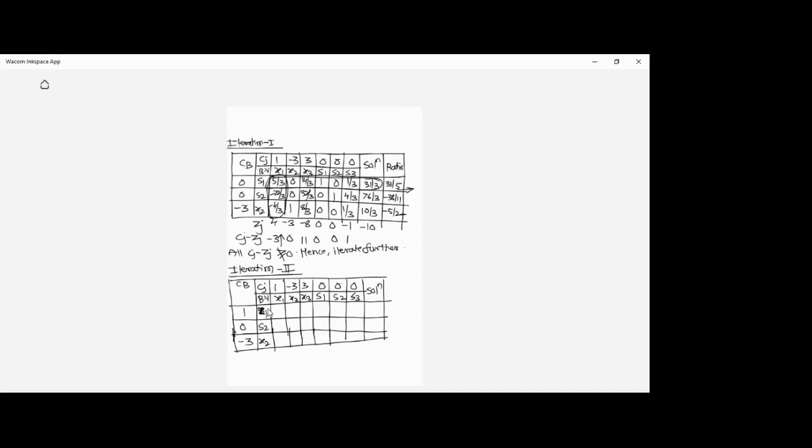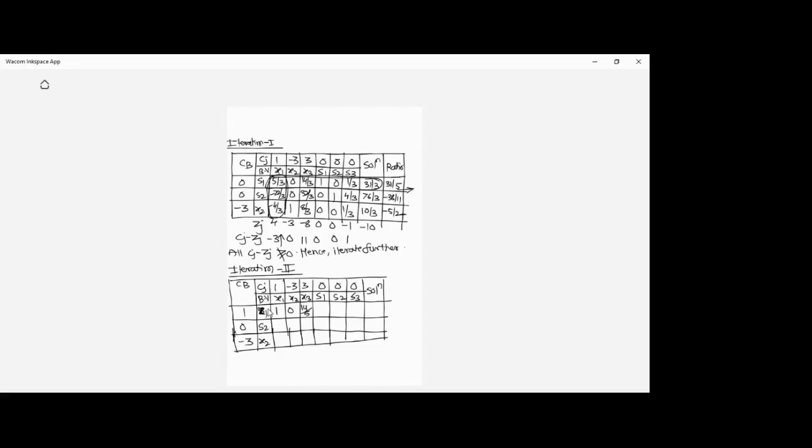For the key row, how will the new value come? It will be the previous value divided by the key element. So 5 by 3 divided by 5 by 3 is 1. 0 divided by 5 by 3 is 0. Then we have 14 by 3 divided by 5 by 3, so it is 14 divided by 5, right?